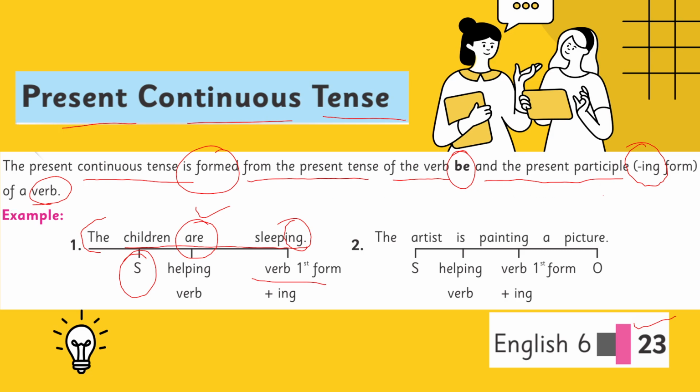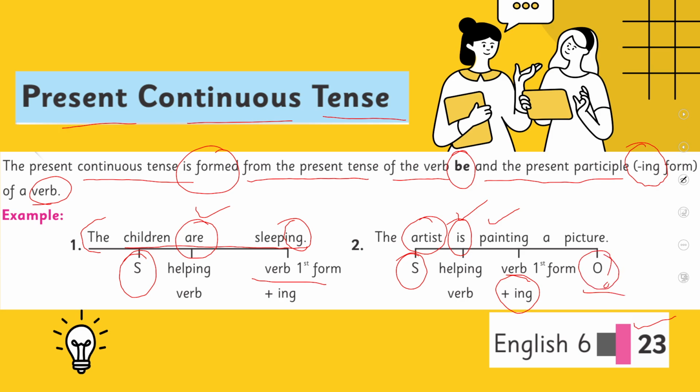It says: the artist is painting a picture. The artist is our subject, is is our helping verb, paint is our verb in the first form, and we are using the ing form with it because it's happening right now and we are using our present continuous tense, followed by an object.